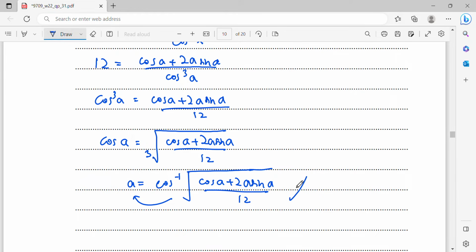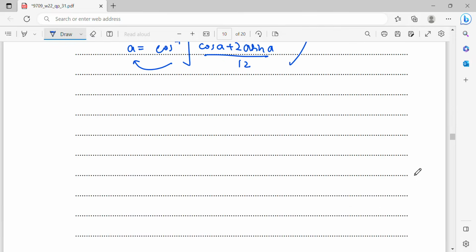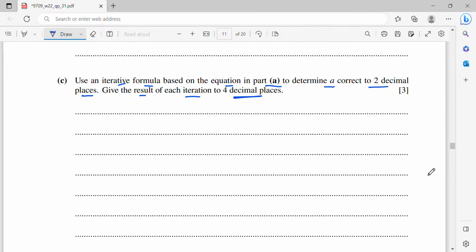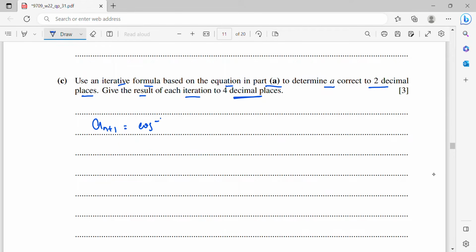Then for the A on the right hand side, it will be subscript of n. Okay, so now I rewrite A n plus 1 equals to inverse cos cube root of cos A n plus 2an sin A n over 12.